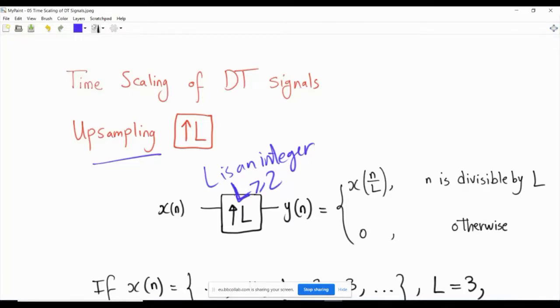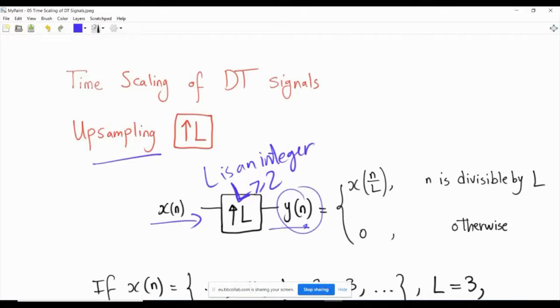This is called the upsampler, and it is a discrete time operation in the sense that the input to this block is a discrete time signal, and the output is another discrete time signal.